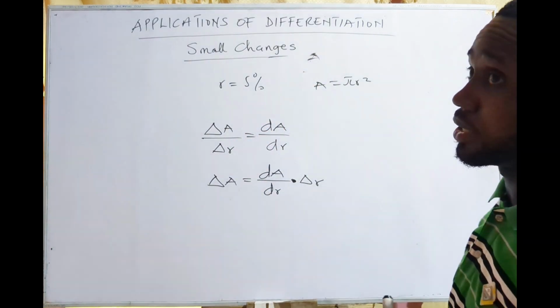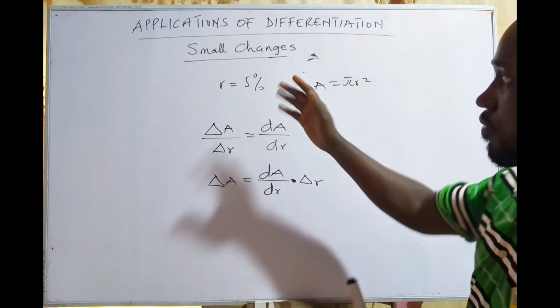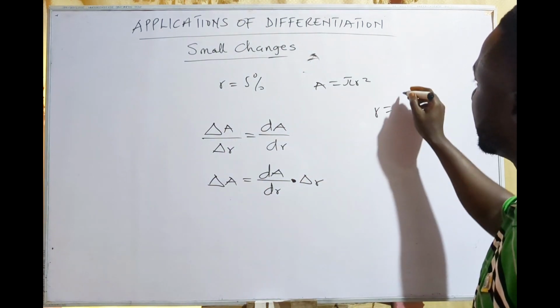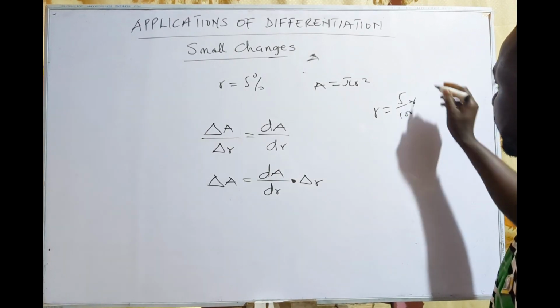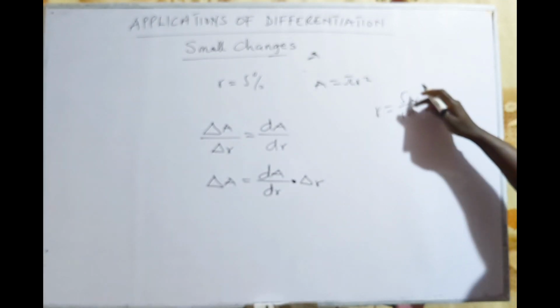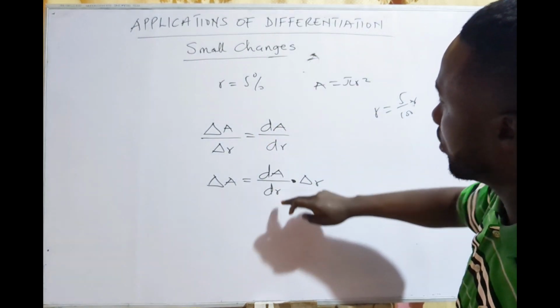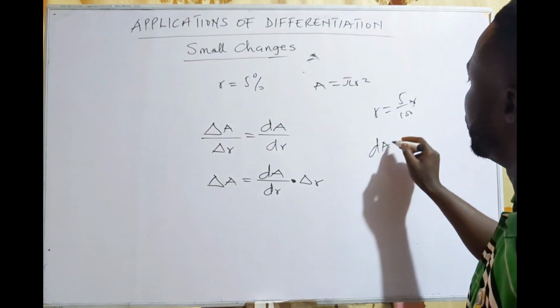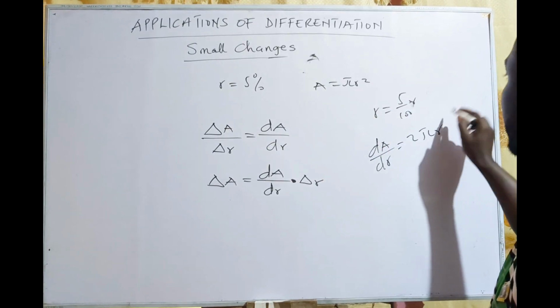In terms of percentage. So if the radius change is in terms of percentage, let's say 5%, then the change in radius is 5 over 100 times the value of the radius. And then the dA on dr, you differentiate, and that will give me 2 pi r.